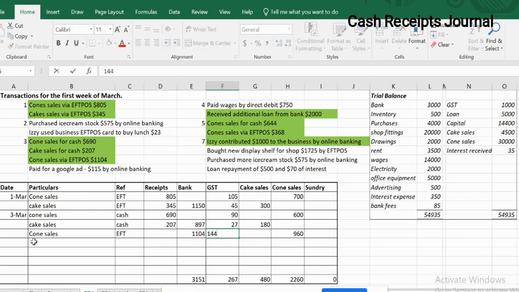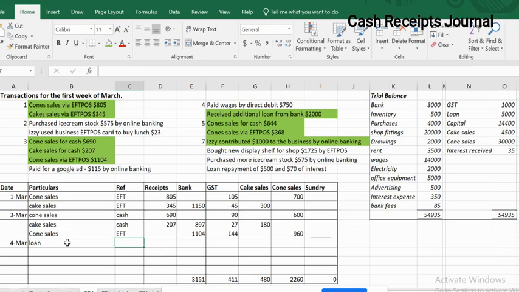Okay, my next date is up there on the 4th of March, and here's received additional loan from the bank. Okay, I'm going to look over at my trial balance and I'm going to pick out the most appropriate account. In this case, it's going to be loan. So that's what I'm going to use in my particulars. Now, this one is going to be put directly into our bank.